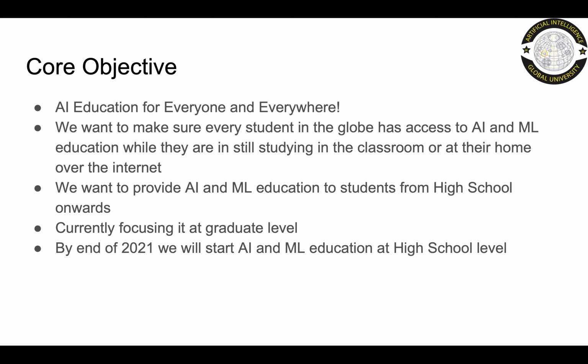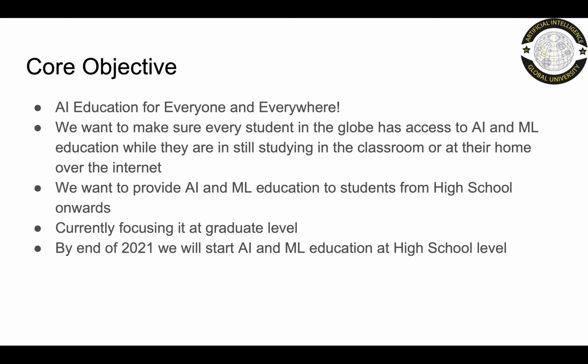Our target is to make AI and machine learning education so simple that it can be started from the student's high school onwards. It means we try to put artificial intelligence and machine learning at a very early stage in every student's career.